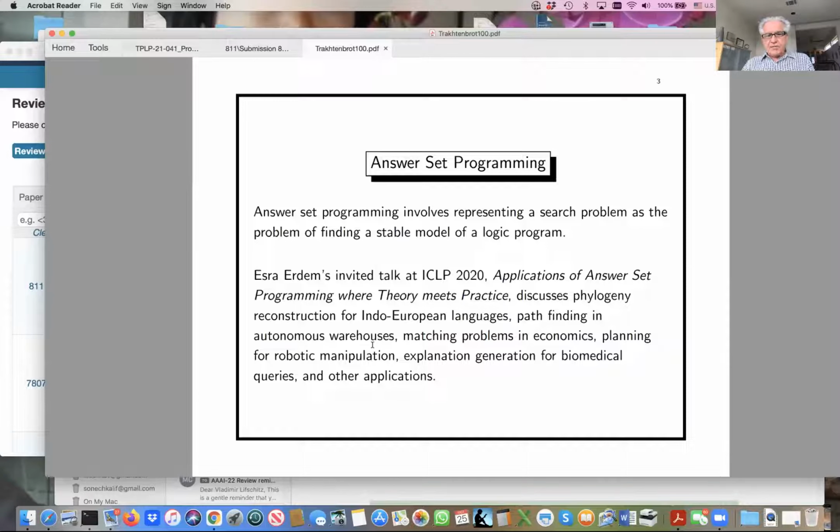And this approach has found many applications in many areas of science and technology. I just listed here a few topics, a few applications mentioned in a recent talk at a logic programming conference. So what we are going to talk about is what stable models are.